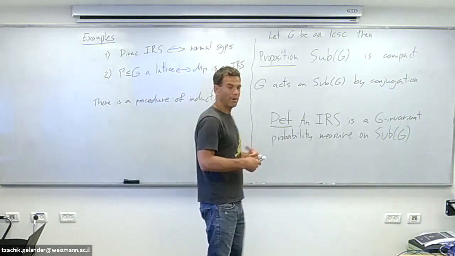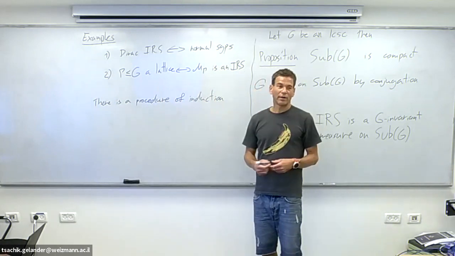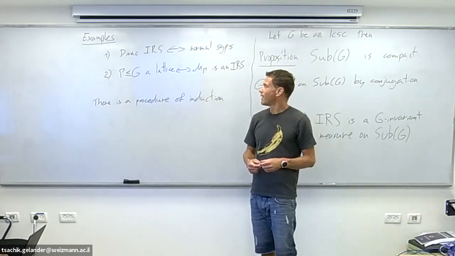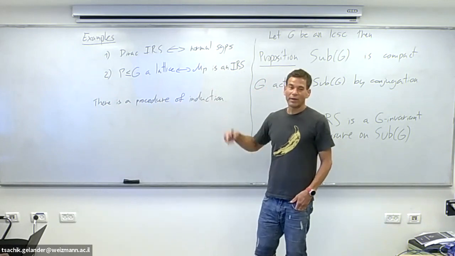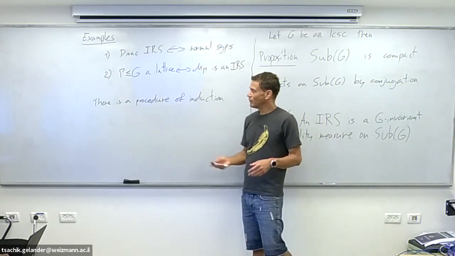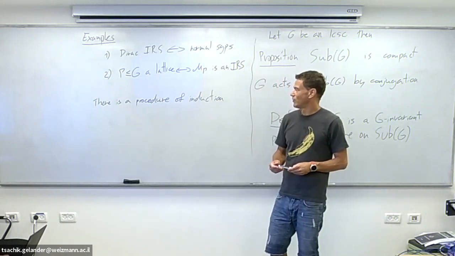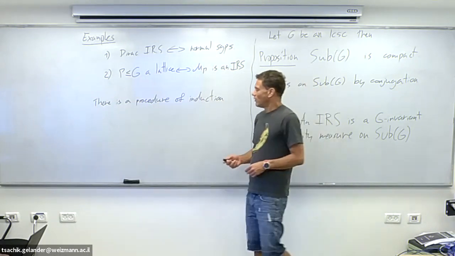In the free group, there are plenty of IRSs. Any one of them you can induce to an IRS in SL2R. Or if you have a normal subgroup in a lattice, then you can induce it to an IRS in the group, but I will not go into it. I just want to mention that there are some techniques to give more examples.